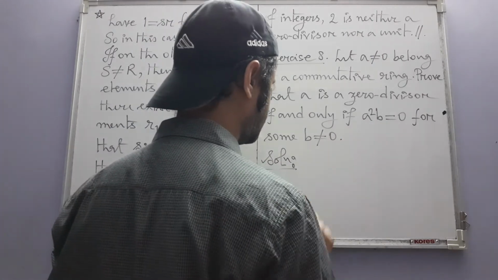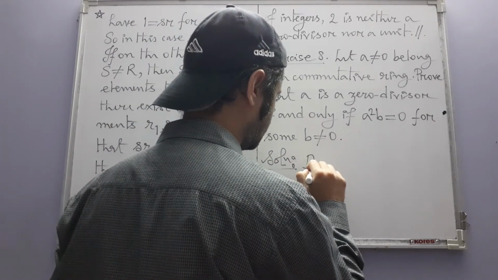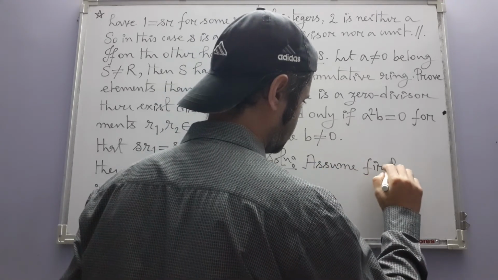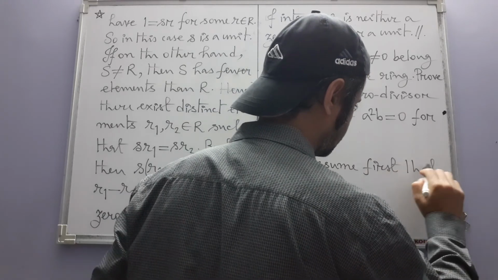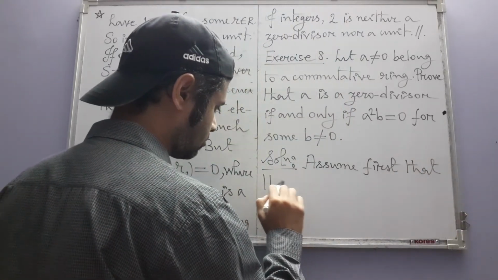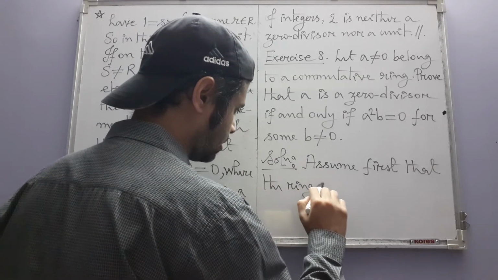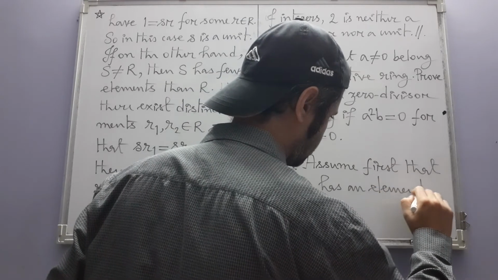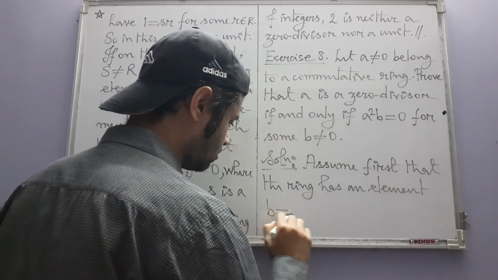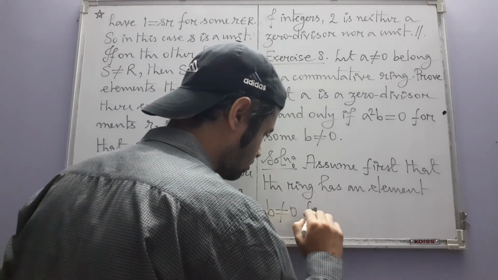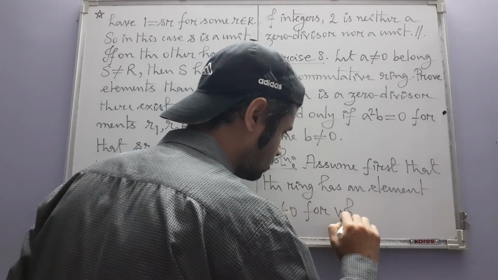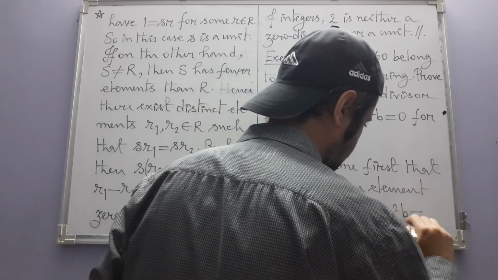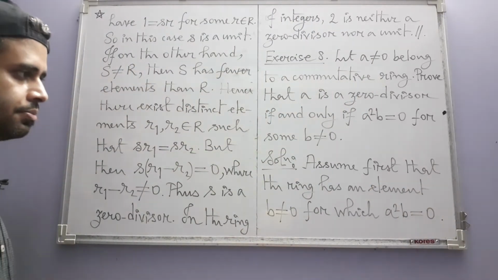So let us first consider this. Assume first that the ring has an element B not equal to 0 for which A square B is equal to 0.